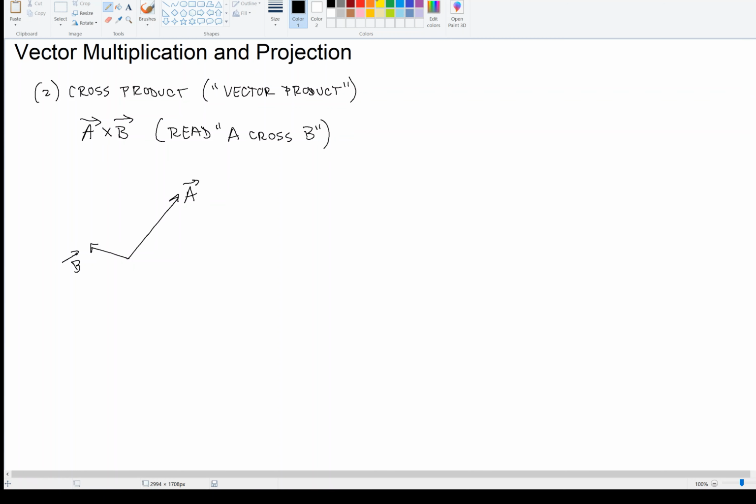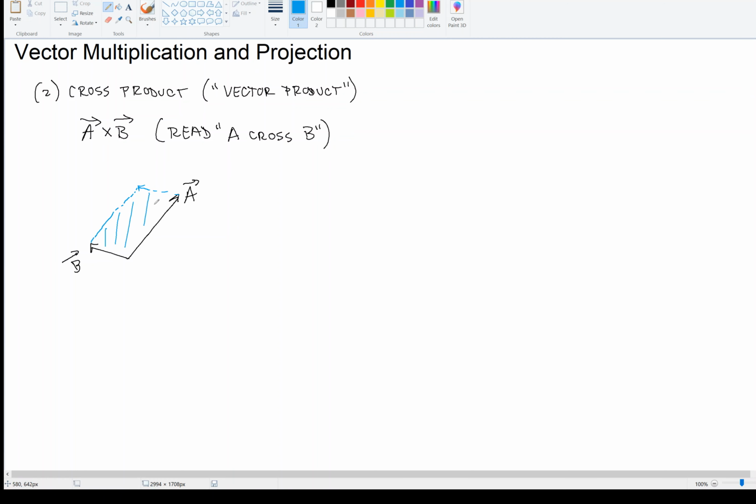So let's just be a little bit more clear about that. So here's vector a and here's vector b. What is this parallelogram I'm speaking of? Well, we saw it a little bit in the last video. It's this parallelogram, okay?